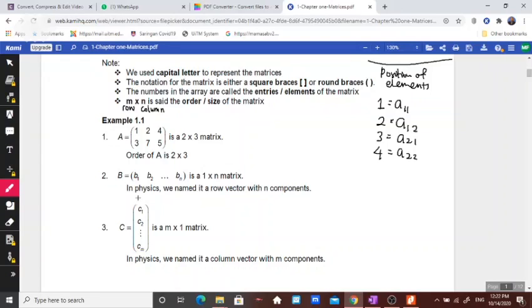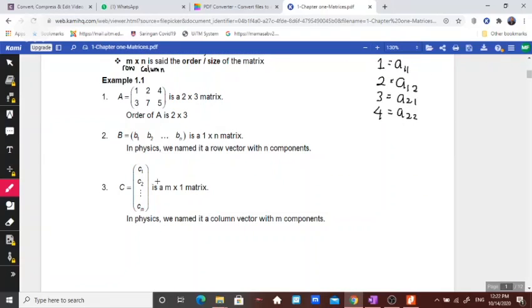Then B. B is b1, b2, until bn. We have only one row and n columns, so this is a 1 by n matrix. In physics, we name it a row vector with n components.